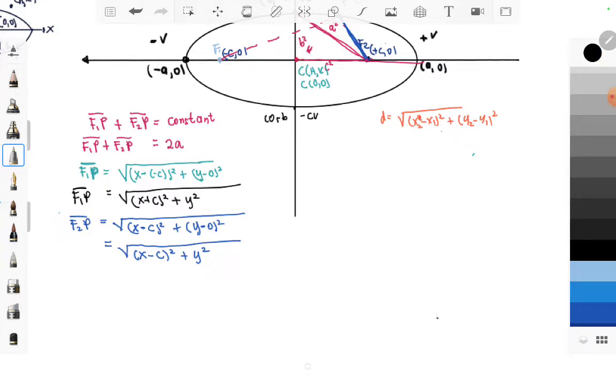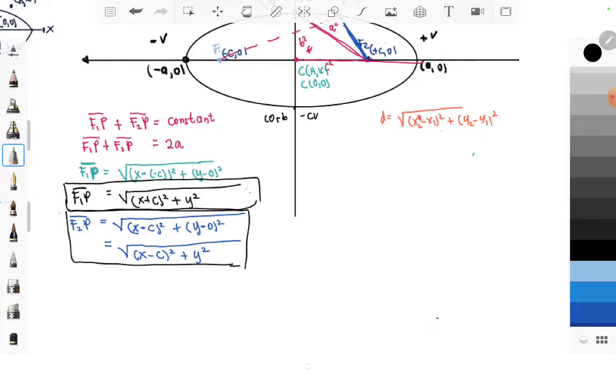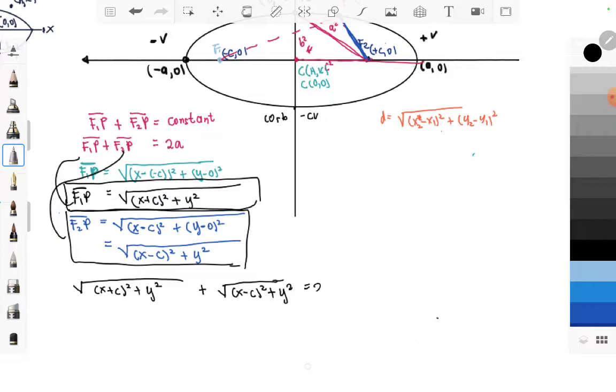By substituting the values that we have presented in our major equation, I will have the square root of x plus c square plus y square plus f2p, which is the square root of x minus c square plus y square, equals 2a.